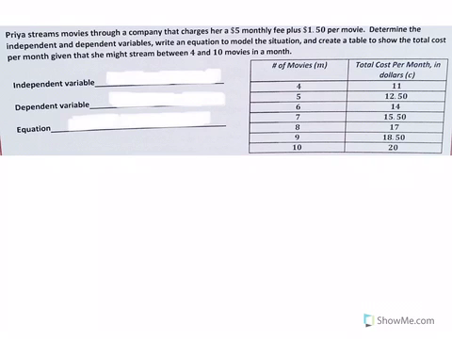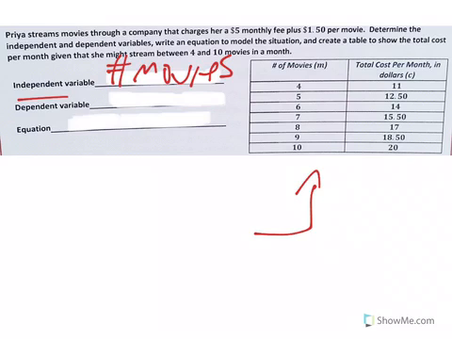Well, again, I gave us the chart here to make the chart. It may not be quite as easy, but the independent variable is going to be the number of movies. The reason it's independent is because we could decide any number of movies. We could figure out the answer based on any number of movies we were curious about. She might watch 5 movies one month. She might watch 8 movies one month.